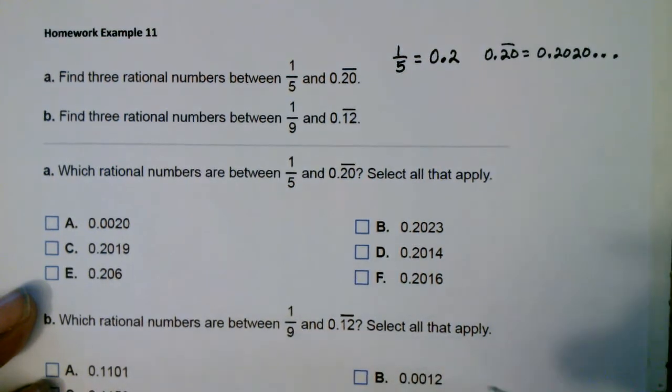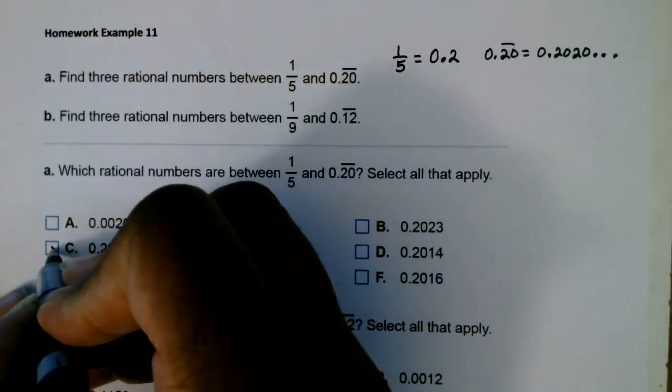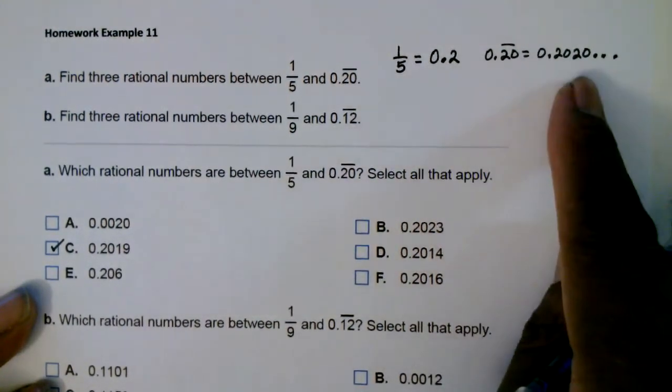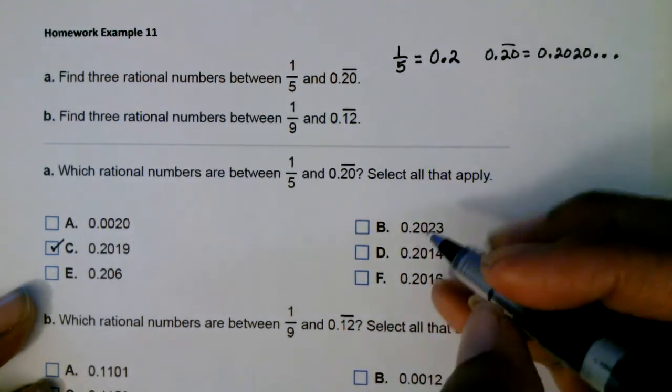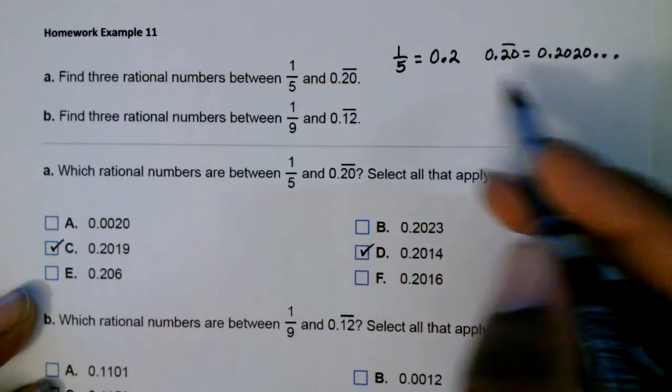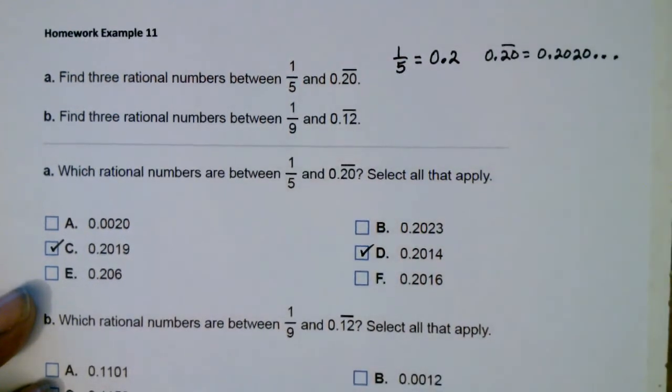Well, if I choose this one, 0.2019, that's in between these two. And also 0.2014 is in between 0.20 and 0.2020.